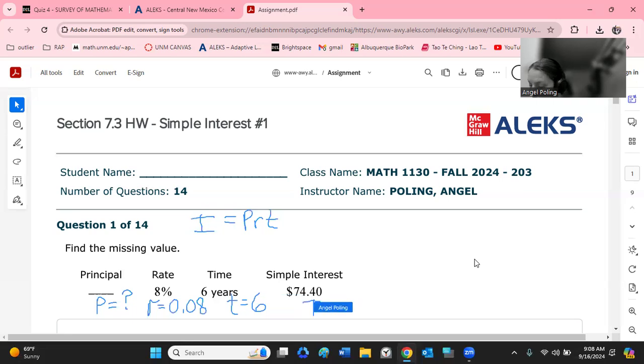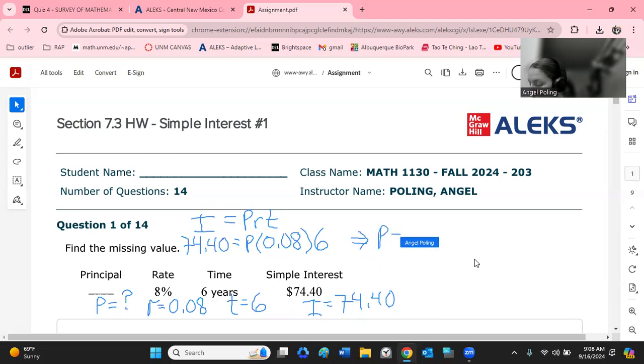And I here is 74.40. So we have that 74.40 is P times 0.08 times 6. So P is 74.40 divided by 6 times 0.08, which is 0.48. So the original principal is 155.